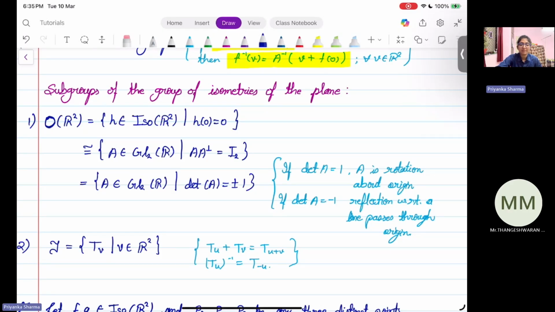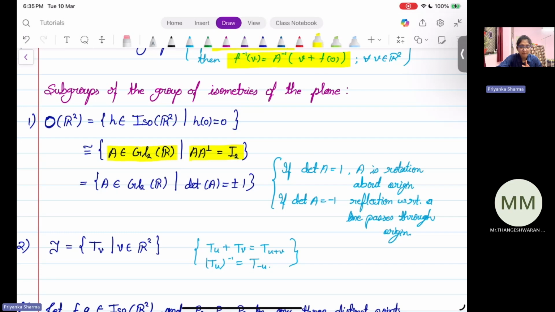So if we have all h from R squared to R squared such that h is an isometry and h of 0 is 0, then this is a subgroup, and this is isomorphic to the set of A belonging to GL2(R) such that A A transpose is I2, that is, A is orthonormal.